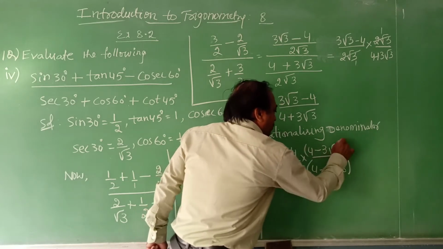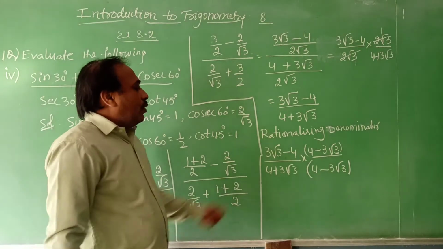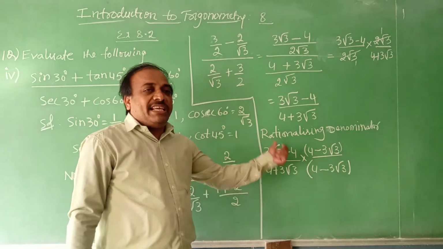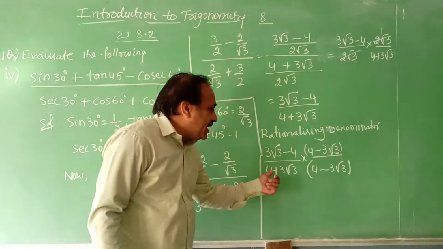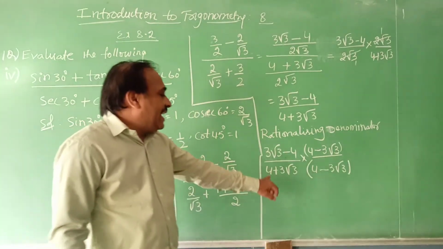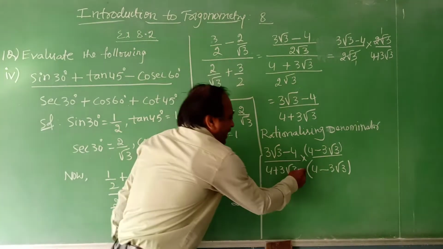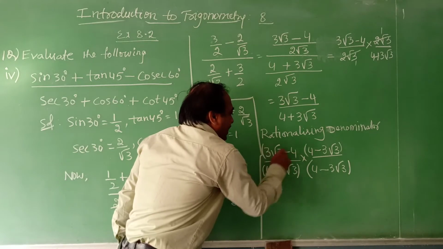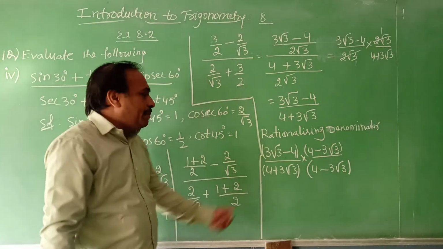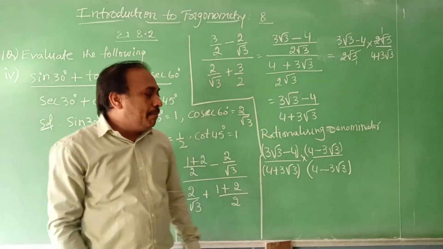In the numerator you have to multiply each and every term, and in the denominator you have the form a plus b into a minus b, which gives a square minus b square.